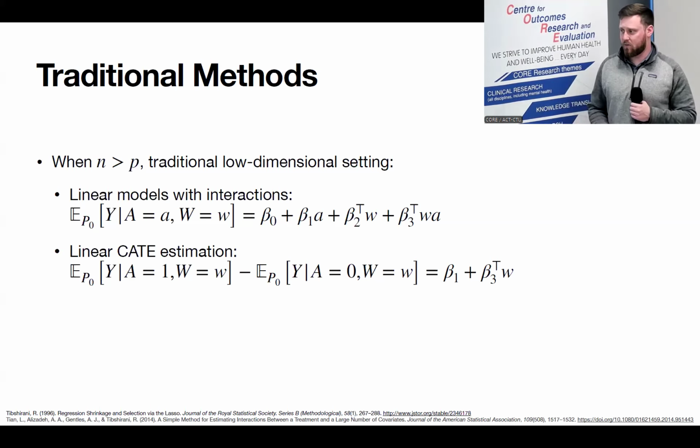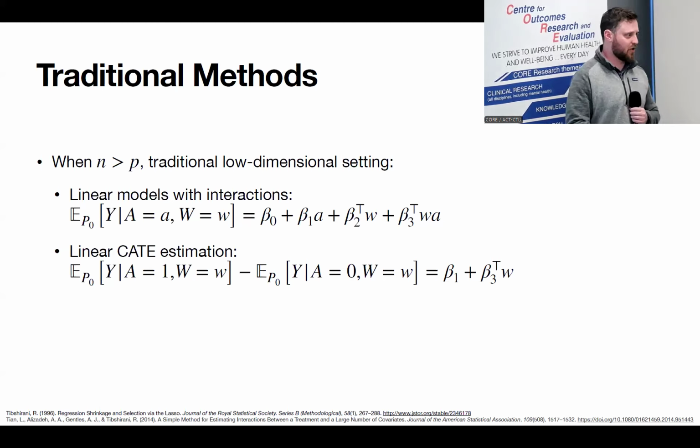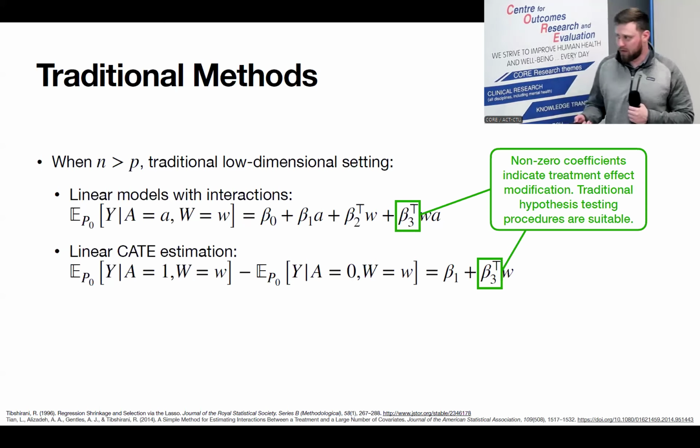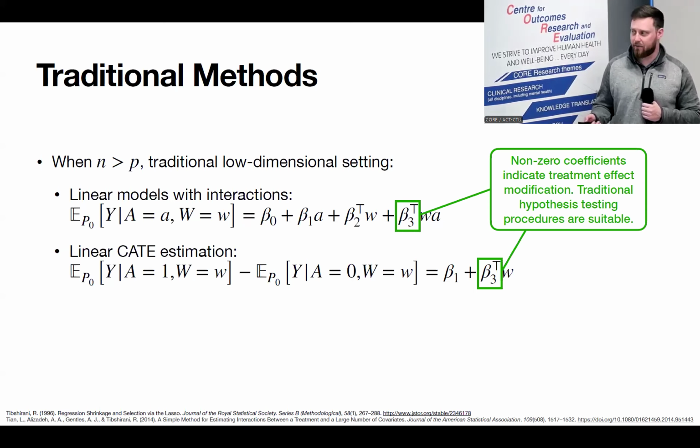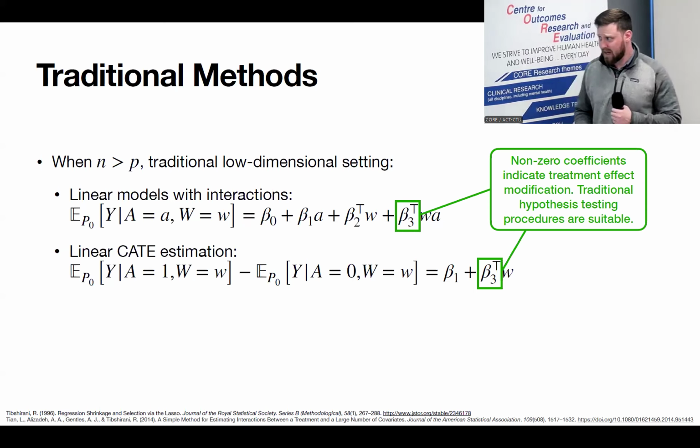We could also get a little bit fancier with things and look at the CATE modeling under linear assumptions. Here we have beta 1, which corresponds to the treatment effect or the ATE, and beta 3 is again an interaction term between the treatment and the covariates. And so what we're really interested in then is quantifying beta 3s over here, because any beta 3 that is non-zero corresponds to a treatment effect modifier. And we could use traditional hypothesis testing procedures to get a handle on beta 3, to get p-values.